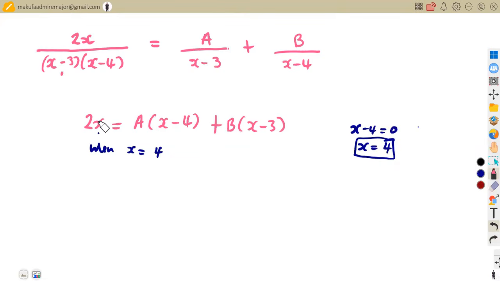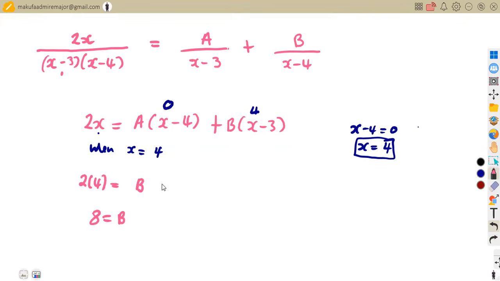This is 2 times 4, which is equal to, 4 minus 4 is 0, so this whole part gives 0. We substitute 4 here, 4 minus 3 gives a 1, 1 times B, which is B. So 8 is equal to B.